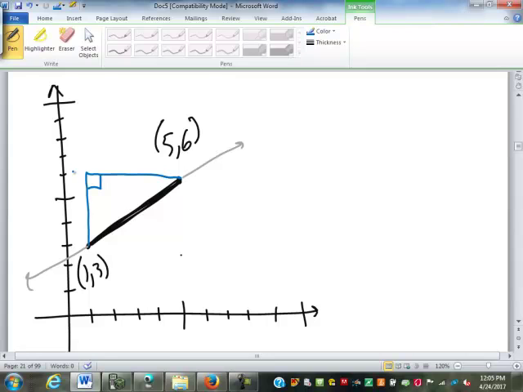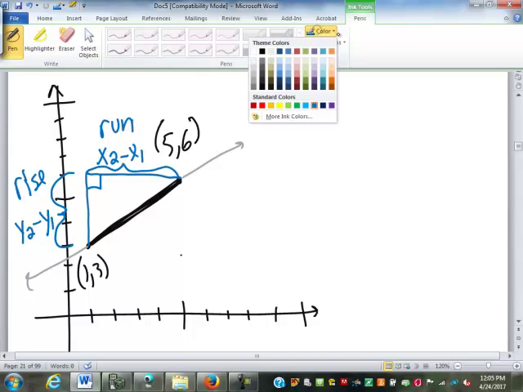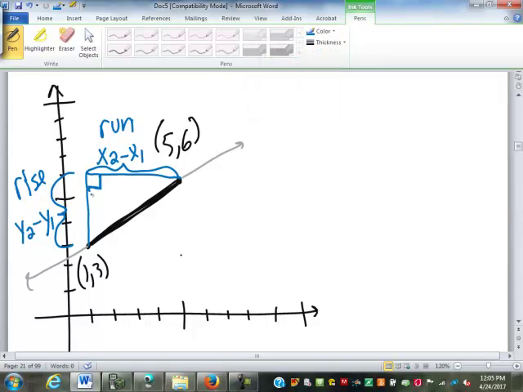Remember, this rise here is y2 minus y1. And the run here is x2 minus x1. That's this distance here. And this is a right angle because the vertical and horizontal always intersect each other at a right angle.